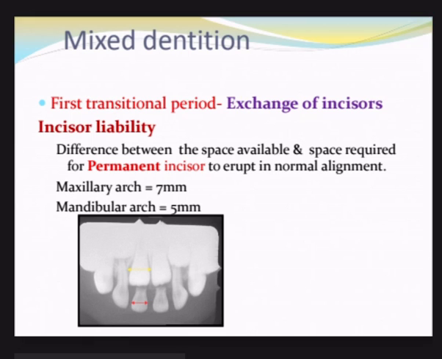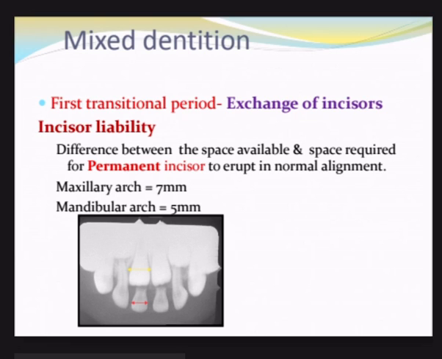As a child is growing, there is an increase in the intercanine arch width and length. That will also help to accommodate the permanent incisors. That is the second point. One is utilization of the physiological spacing; second is utilization of the increase in intercanine arch width and length when the child is growing.